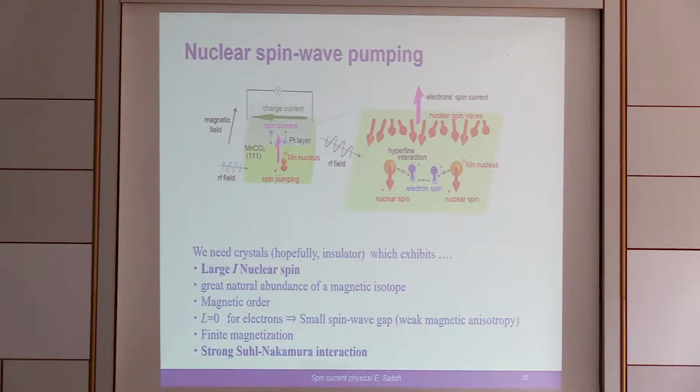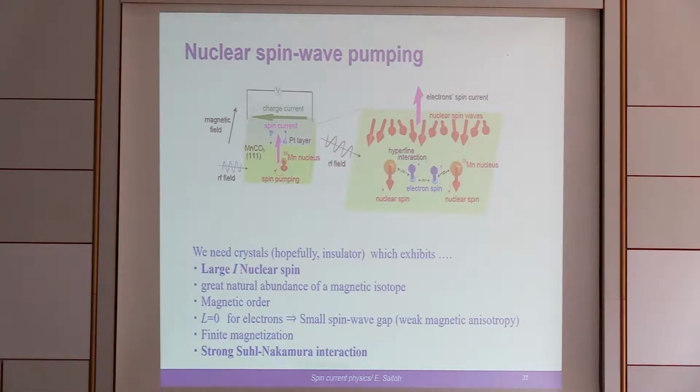And magnetic order is necessary to keep coherence and to allow the coupling between the magnetization and nuclear spin. Weak magnetic anisotropy or small spin gap is necessary. So orbital angular momentum should be 0. And finite magnetization is necessary for the efficient spin pumping. And of course, the Suhl-Nakamura interaction should be strong. So these are the conditions.